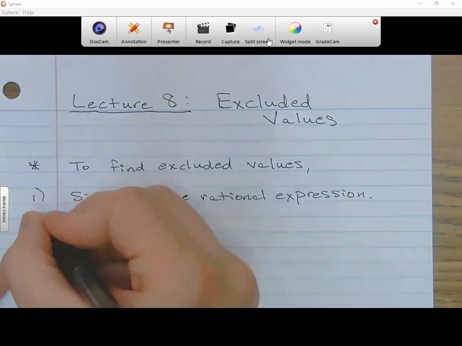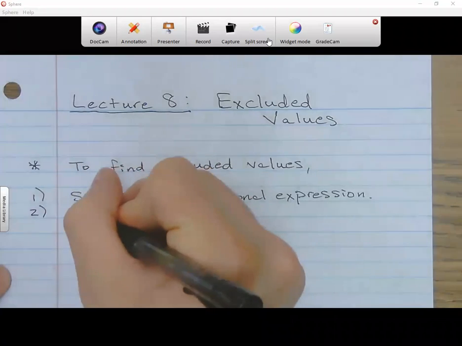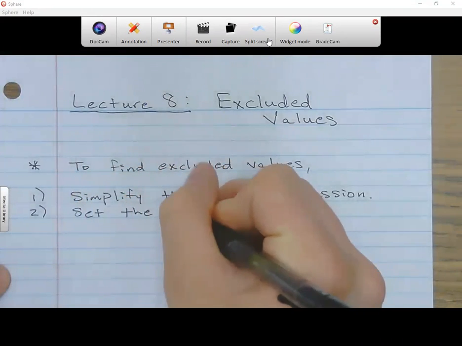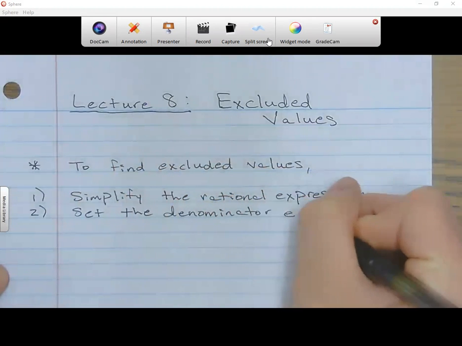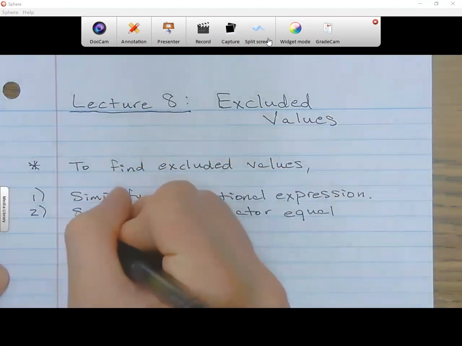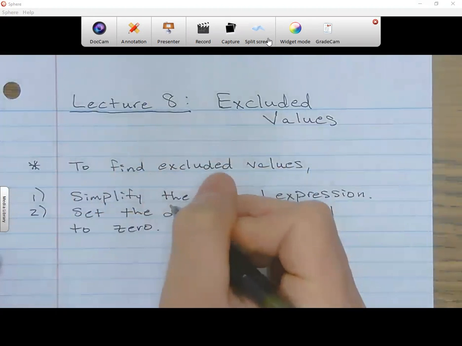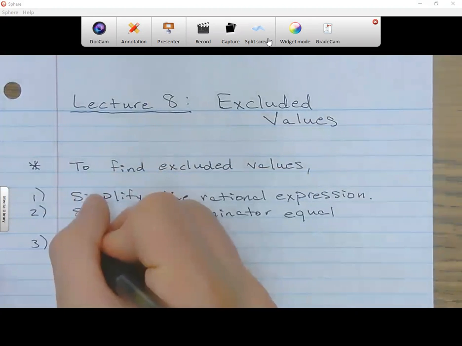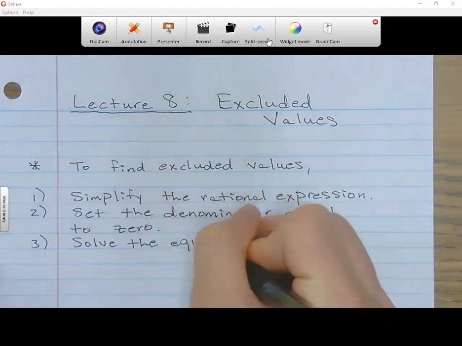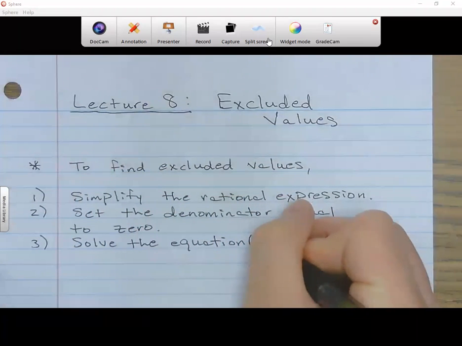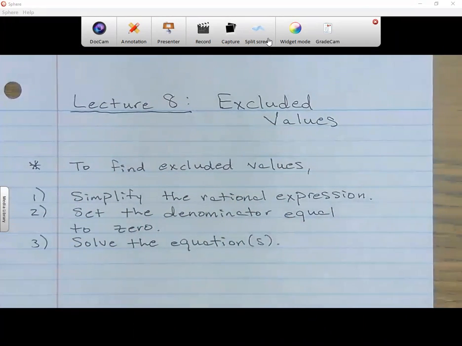Number two, set the denominator equal to 0. And then number three, solve the equations. All right. I'll give you guys about a minute to get that, and we'll look at some examples from the problem set.